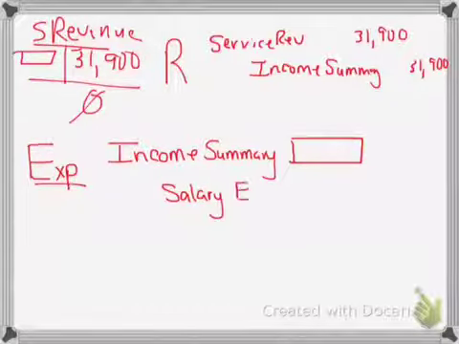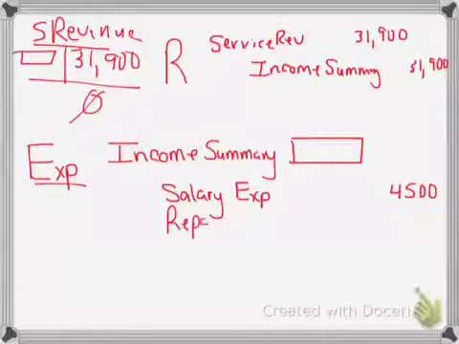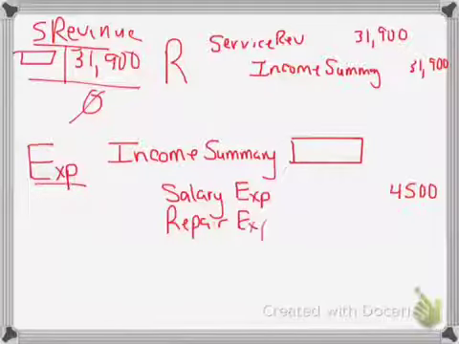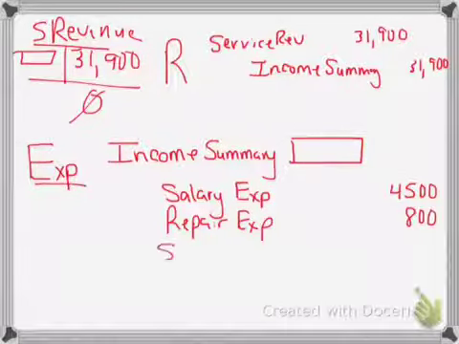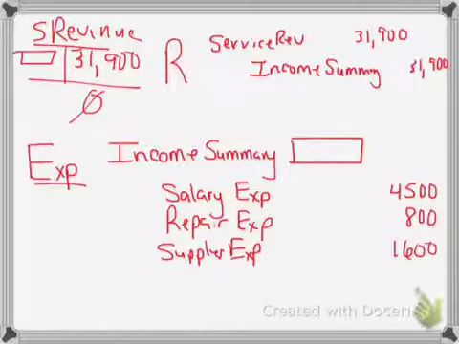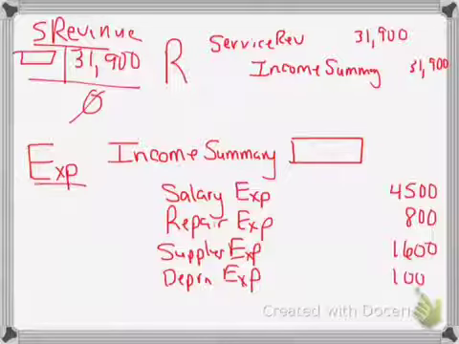So you have a salary expense at $4,500. You're going to have a repair expense at $800. You will have a supply expense, and that supply expense is at $1,600. You will have depreciation expense, and that depreciation expense is going to be at $1,000.